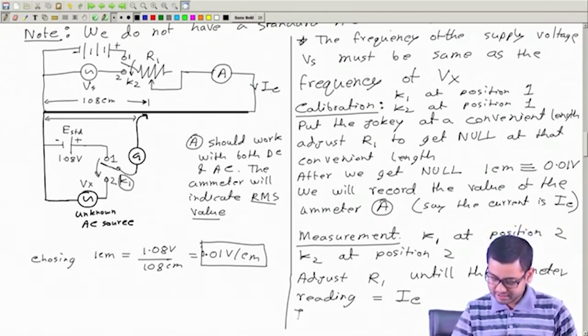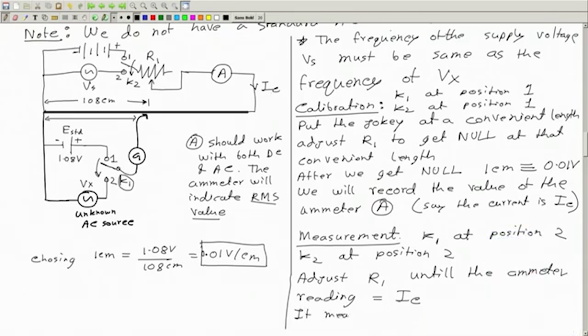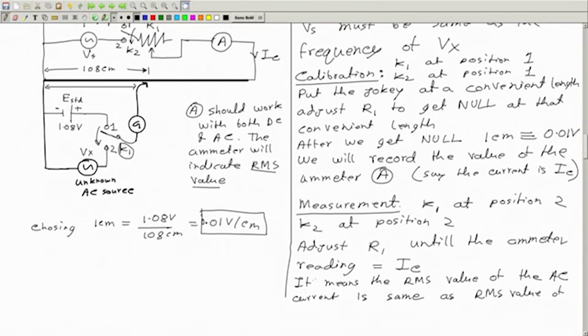So it means the RMS value of the AC current which is flowing now is same as the RMS value of the previous DC current.